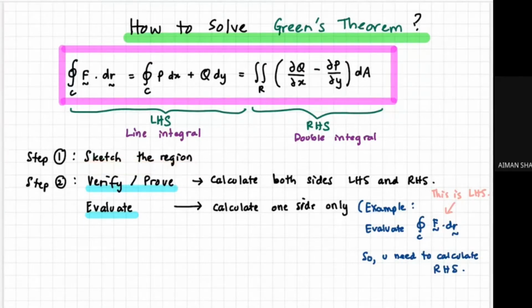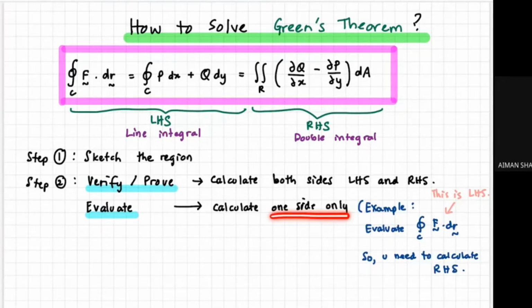Then step number 2, you have to identify whether the question asks you to verify, to prove, or just to evaluate. If the question asks you to verify or to prove, you have to calculate both sides, the left hand side and also the right hand side. If the question just asks you to evaluate, you just calculate one side only.